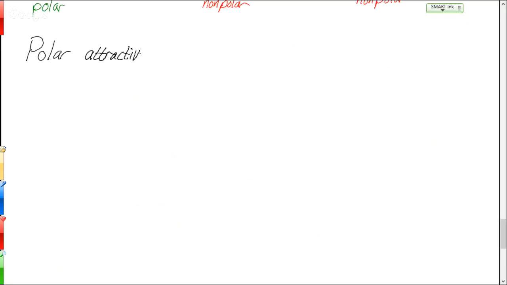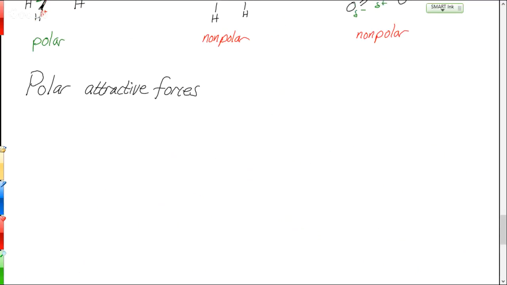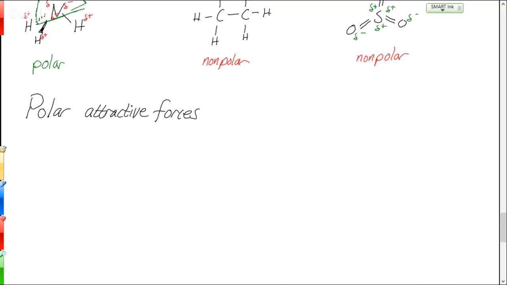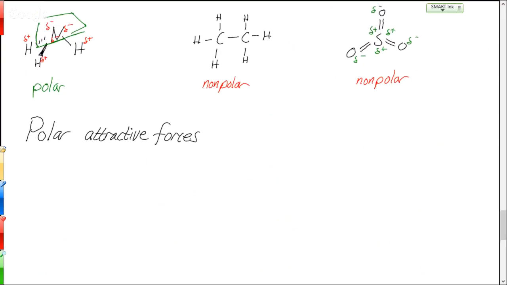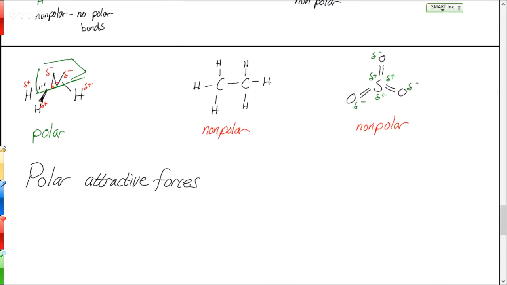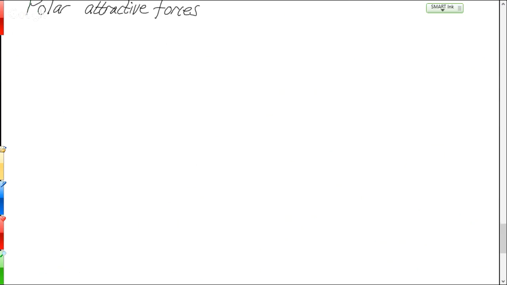So the first types that we're going to look at are the polar forces, and then we'll look at the nonpolar forces. Polar molecules attract each other in the way that you'd expect, positive and negative attracting. So if you have something like, well, let's just take water.